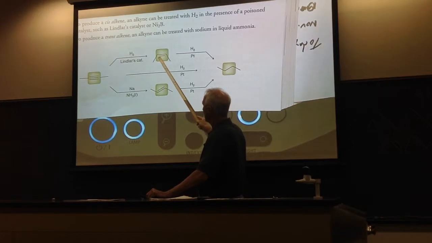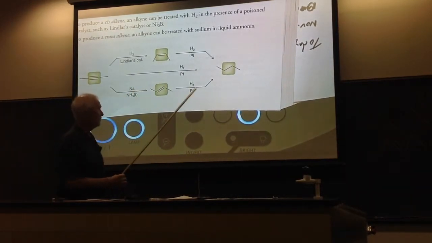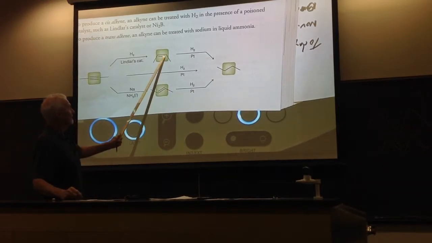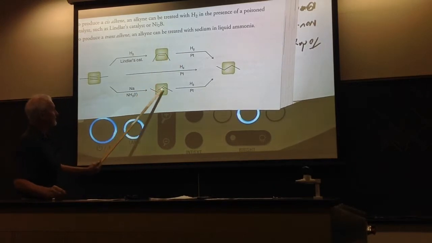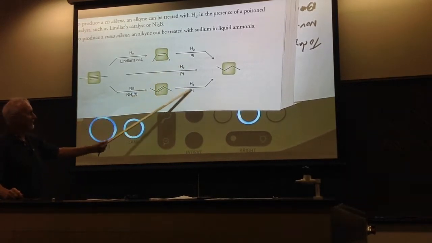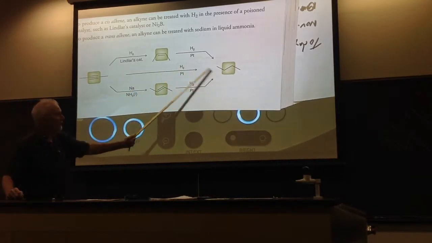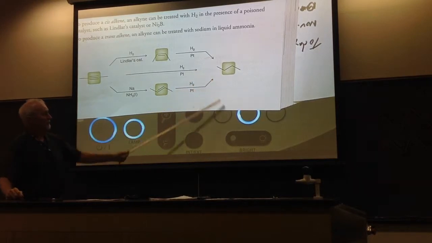And this is the cis alkene, this is the trans alkene. So depending on what you want to make, you have a choice. And of course, you can take any alkene or any alkyne and add hydrogen gas and a catalyst. That always destroys carbon-carbon double bonds. If you add hydrogen gas and a catalyst, you destroy pi bonds. Okay? So you can go from left to right.